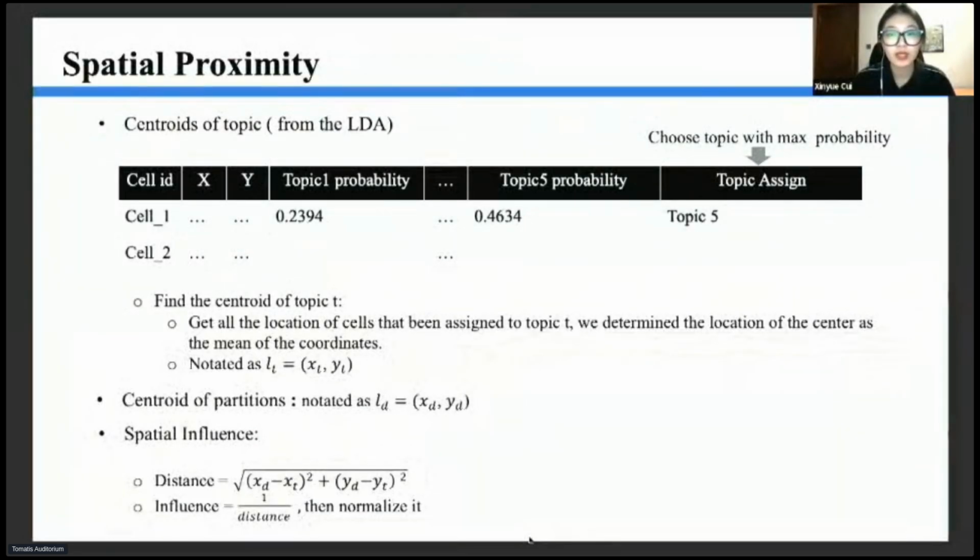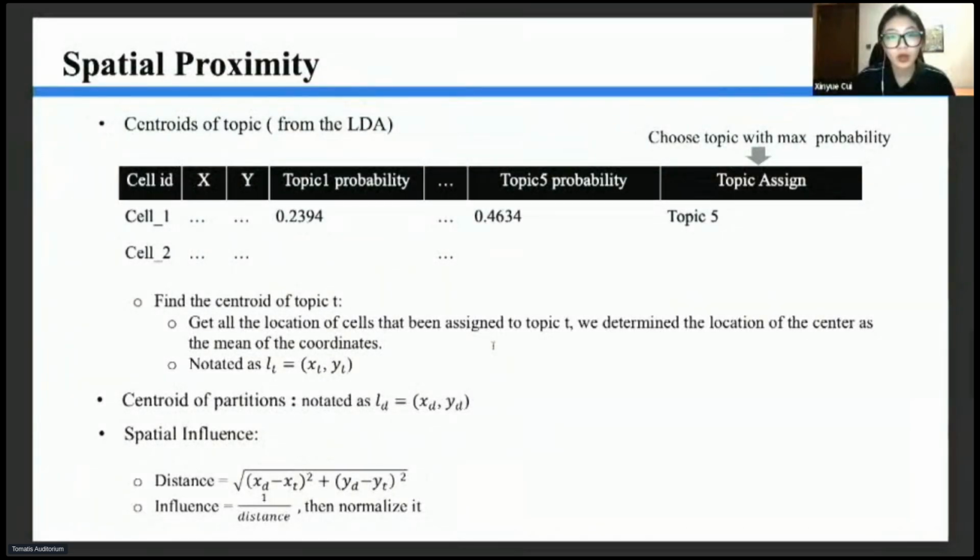LDA results give us the probability of each cell belonging to topics, and we create a new variable to assign cells to the topic with the highest probability. To find the center of the topic, we use the mean of the coordinates of all cells belonging to that topic, noted as LT. The centroid of partitions is given by the clustering. So we can get the spatial influences.